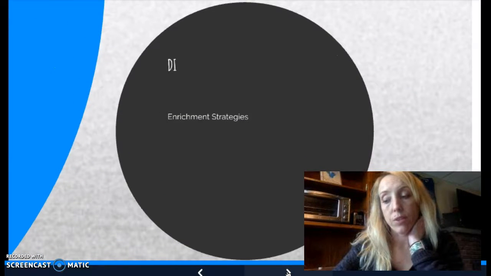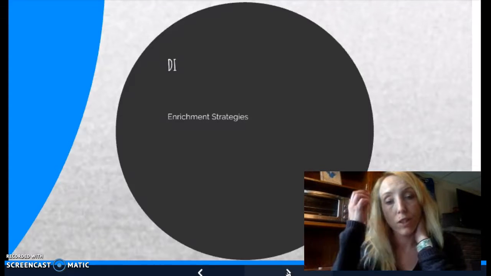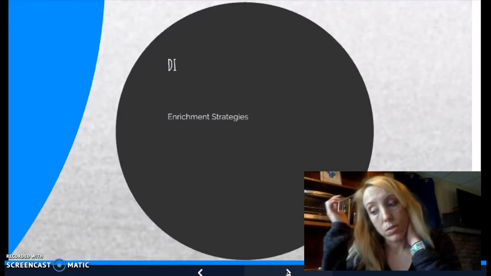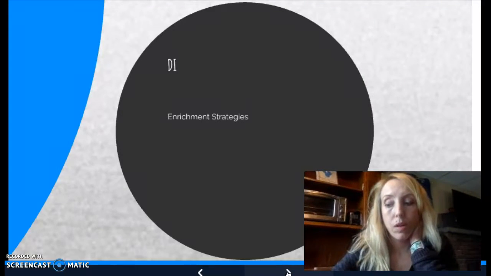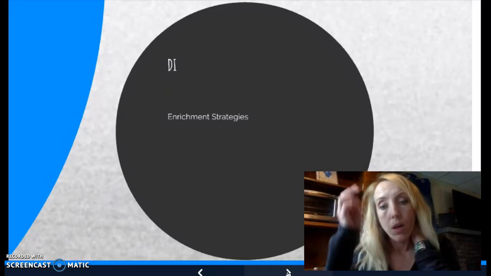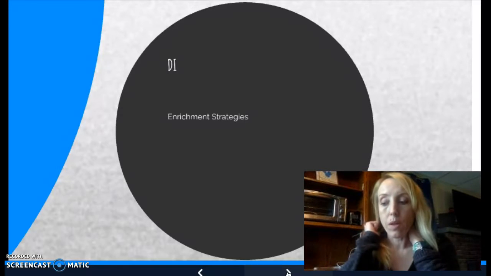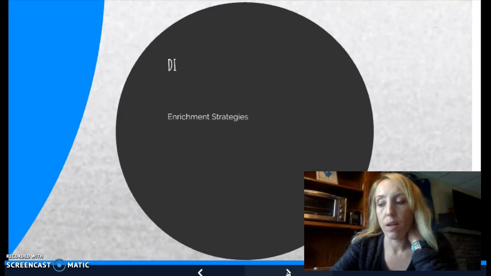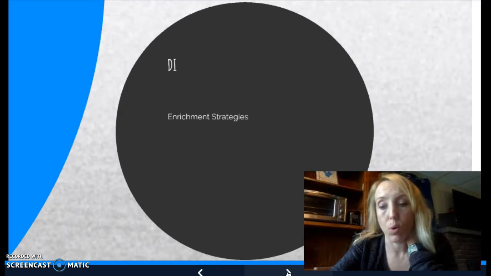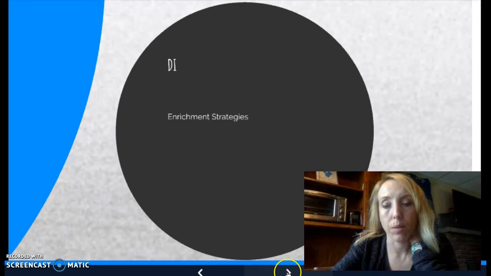Within DI, we need to provide enrichment strategies. So we need to add more instruction. We need to provide challenges and more complex materials, and provide some small groups with peers.